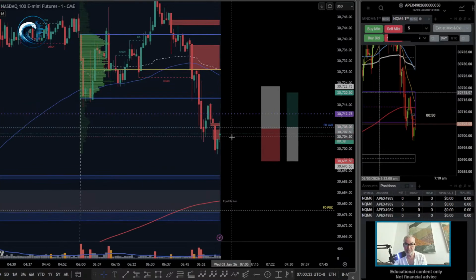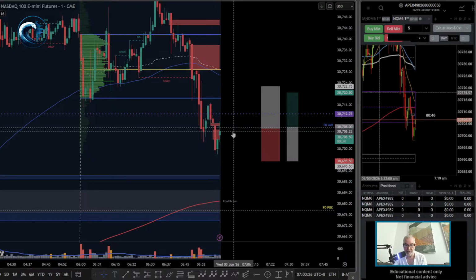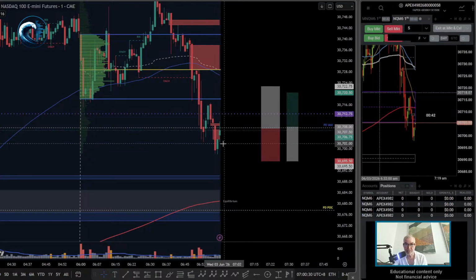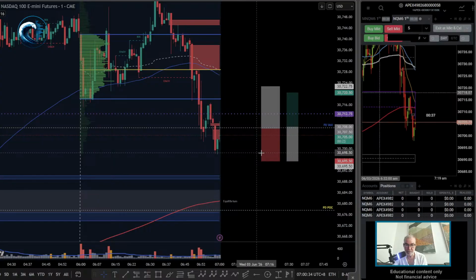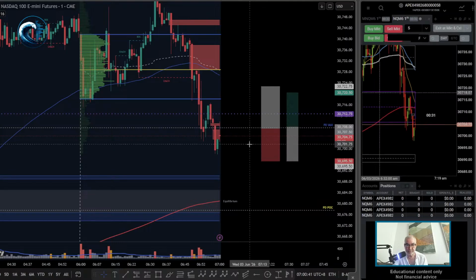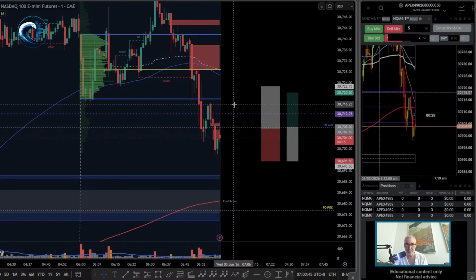I'm okay taking drawdown, but I just want to make sure I get the right direction, obviously. So we are at 7 o'clock now. Let me just wait to see the 5-minute orb, which is the 5-minute candle.